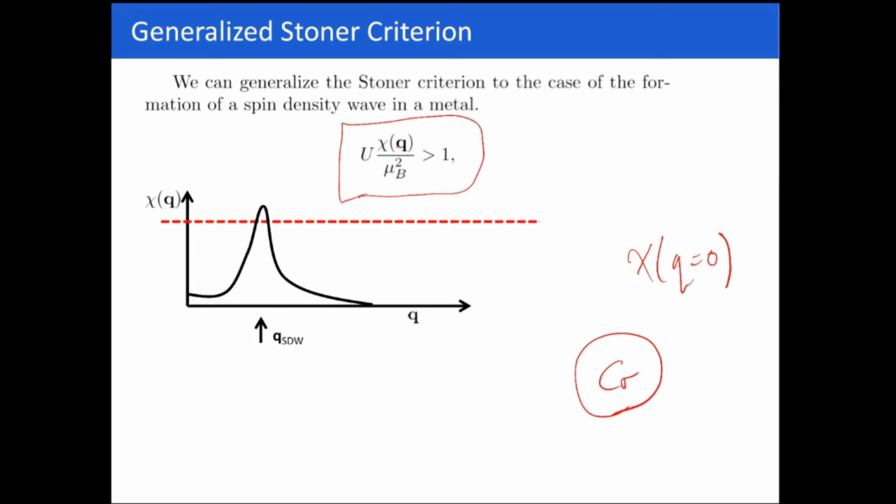So it has a state where you have a spin density wave. So the magnetization would vary in space. And that's illustrated here schematically. So one might have the wave vector dependent susceptibility, and if at some value it comes above 1 in appropriate units, then the system will order in that case.